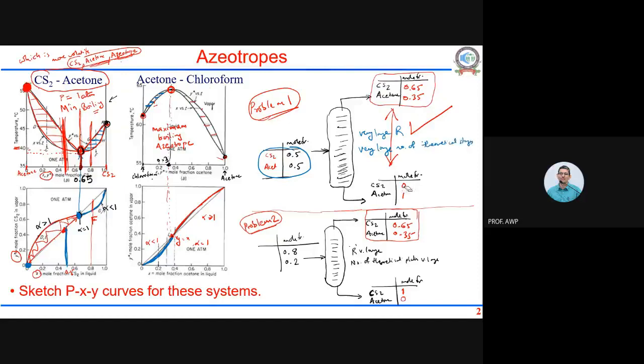You may not agree to 0 and 1. I agree, 0 and 1 is impossible. It will be 0.999999999. So many nines you can say and so many zeros you can say. Now are you happy? Yes, sir.